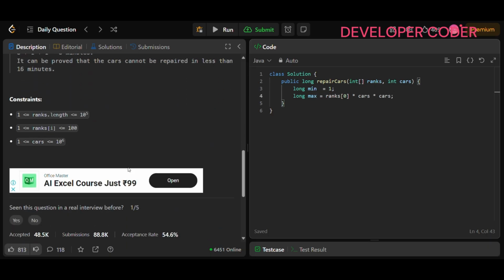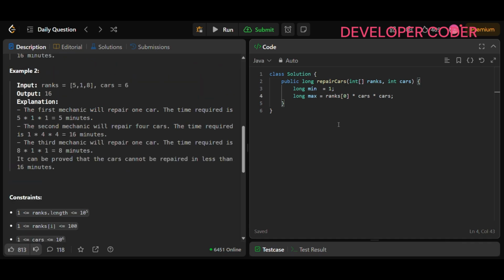But see, cars can be 10 to the power 6, and I am doing the multiplication, so it will go very big. If this is int, then definitely I will get some precision issues. So while multiplying itself, I will just change it to long. I will use long here.